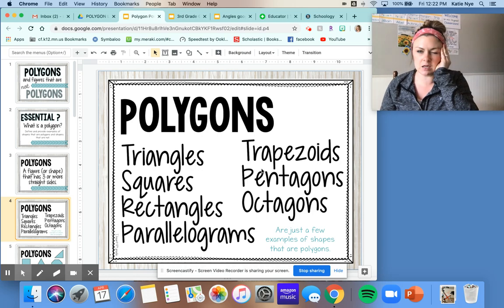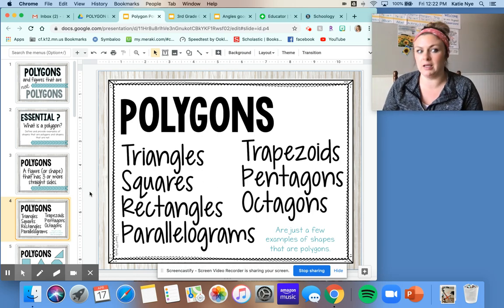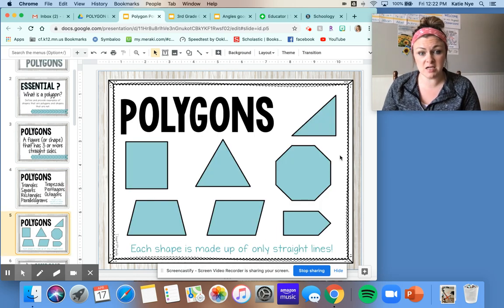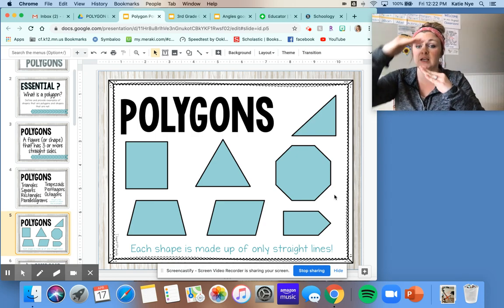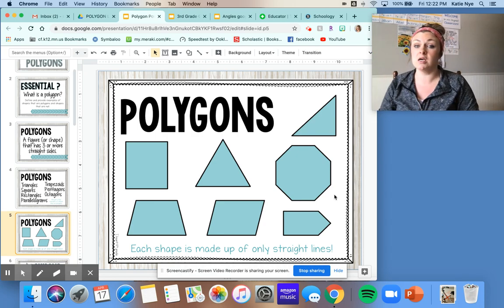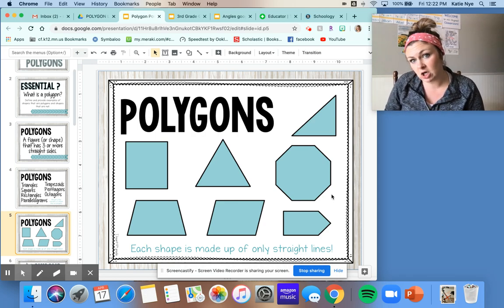So let's talk more about what is a polygon. These are pictures of what all of those shapes look like. Do you see any curved lines on any of these shapes? I don't see any curved lines. I see only lines that are straight and then they connect to another line. There are no lines that are curved.